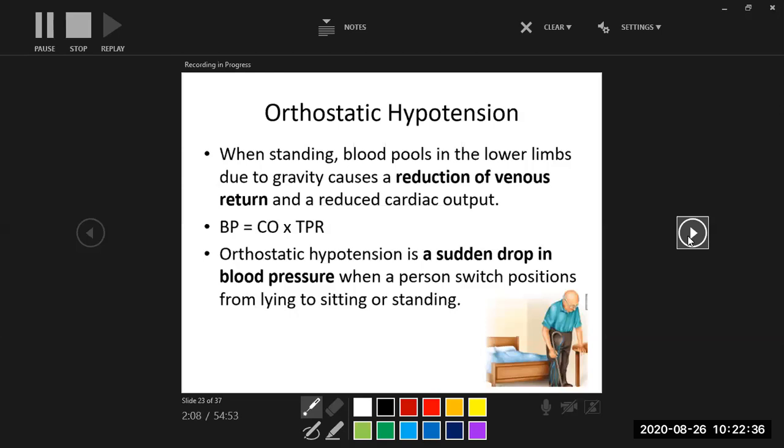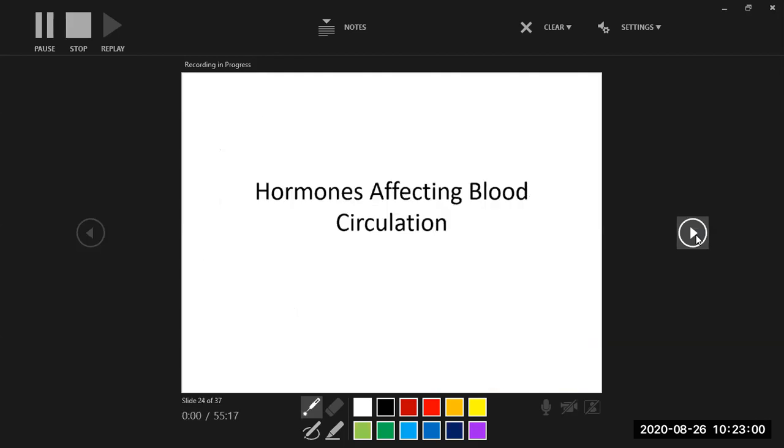So even though we have less venous return due to the change of posture, we increase the heart rate. That way we can maintain the blood pressure and prevent a sudden loss of the blood pressure. So that's the effect of the autonomic nervous system.